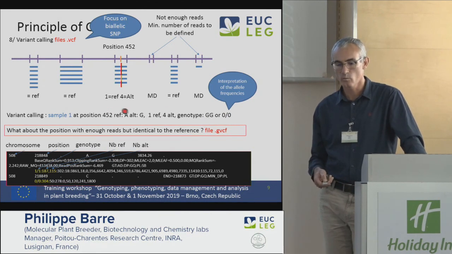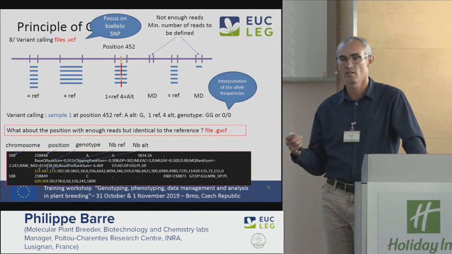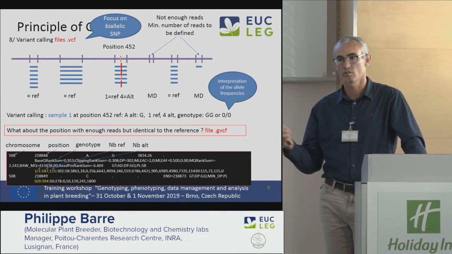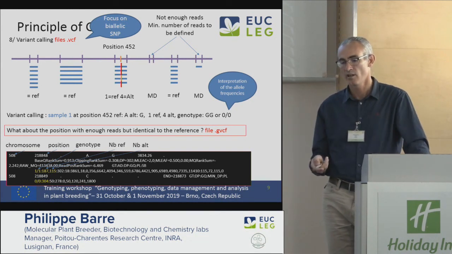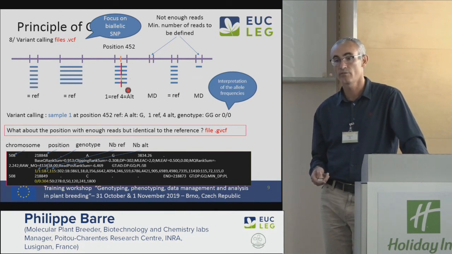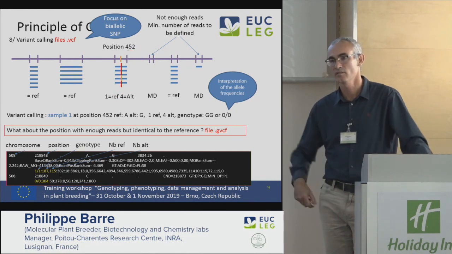If I have 2 and 3, do I decide it's heterozygous or not? Do I have enough information? So this has to be very clear and discussed with the geneticist. You can check several thresholds. Like I said, here you see I have only a read depth of 5. Is it enough?